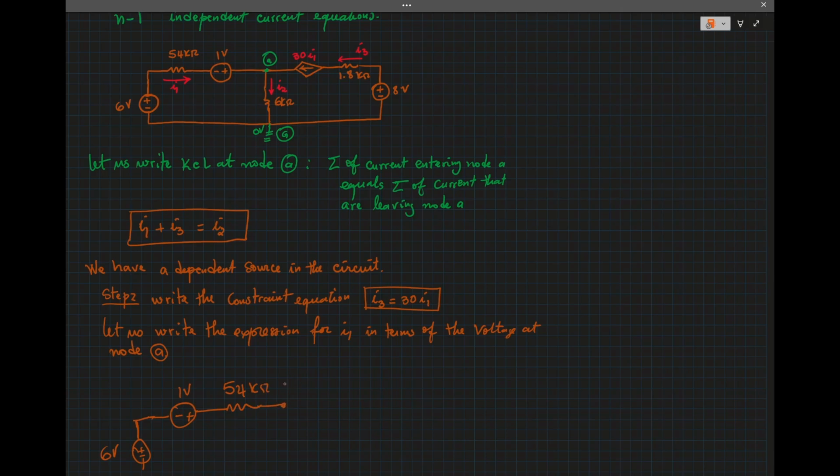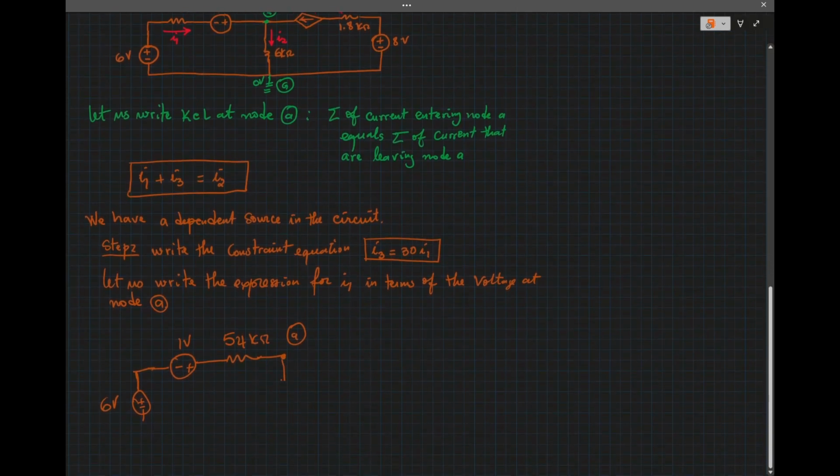So I have A here, and I have 6k, and the current source is there.